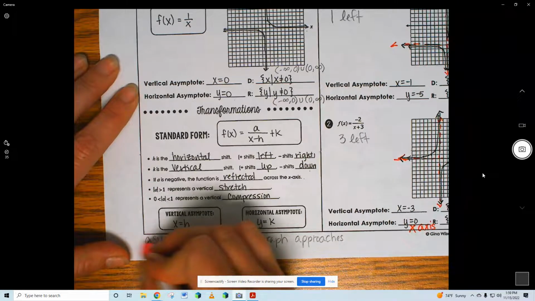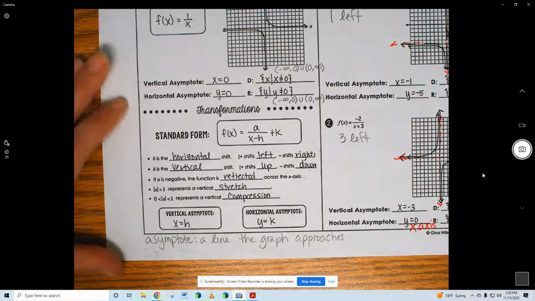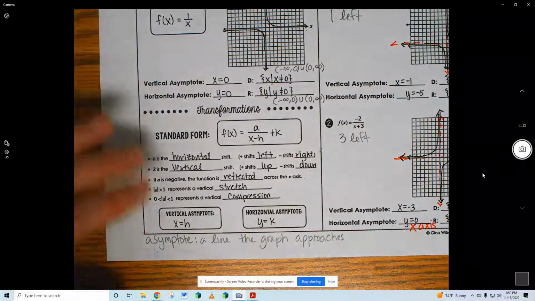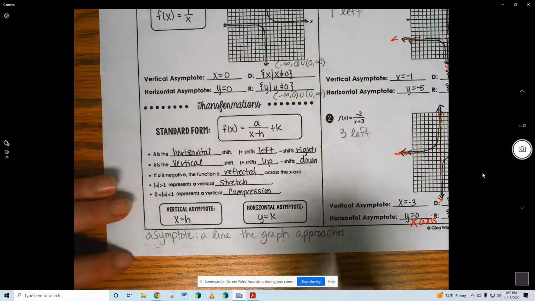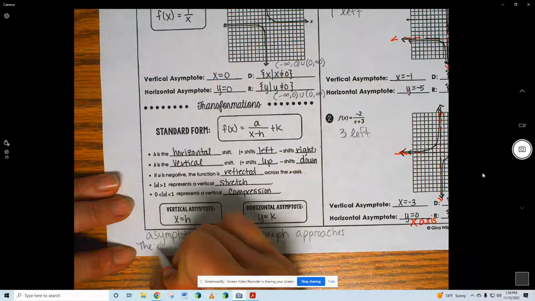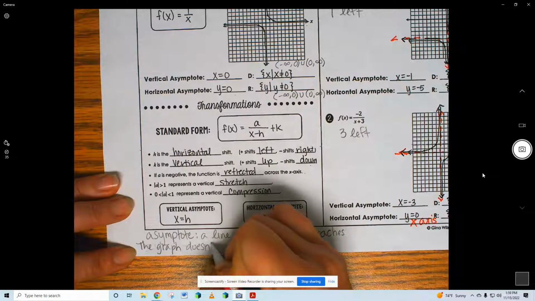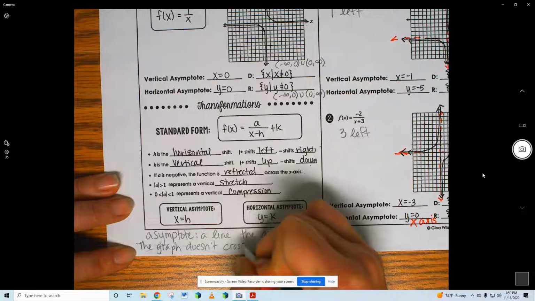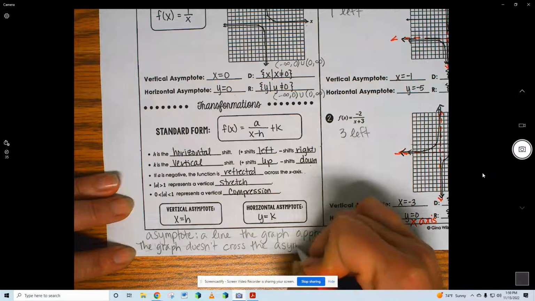Now in higher level math, it's possible for these things to happen. So I don't want you to get too rigid in your thinking with asymptotes, but for our purposes in Algebra 2, the graph doesn't cross the asymptote.